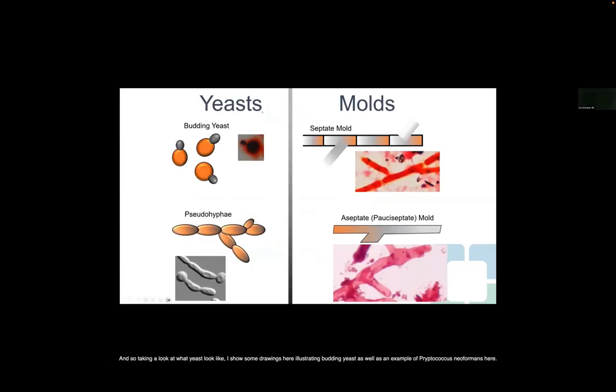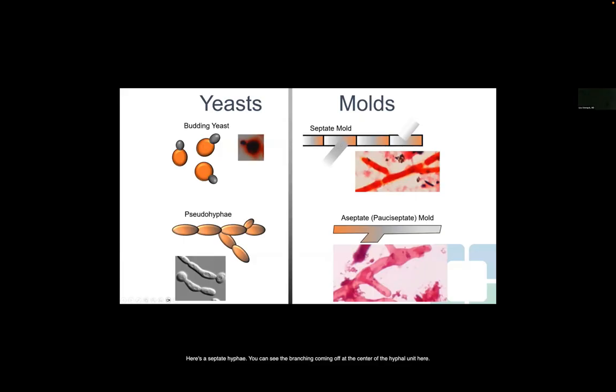Taking a look at what yeast look like, I show some drawings here illustrating budding yeast, as well as an example of Cryptococcus neoformans here, as well as pseudohyphae with the branching occurring at the junction. And this is a typical example of Candida species. In contrast, molds have septations. Here's a septate hyphae.